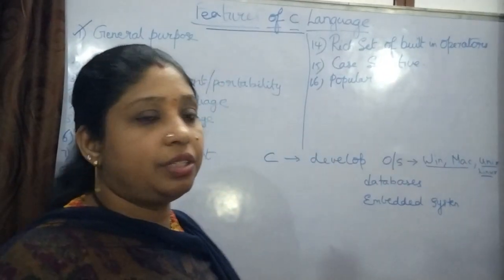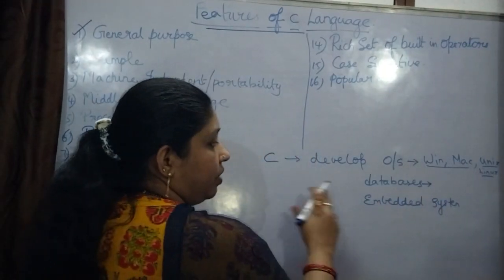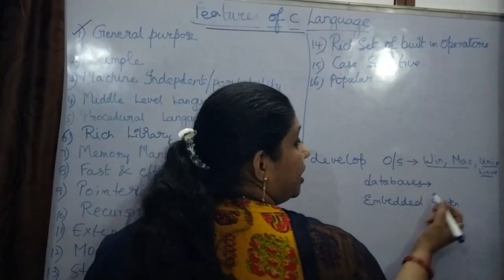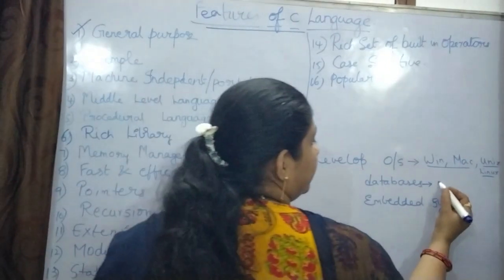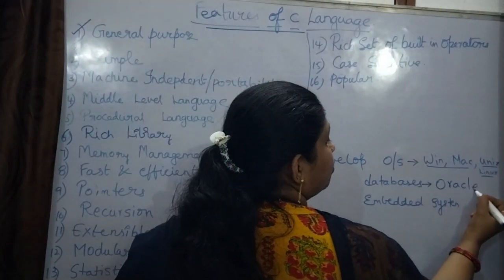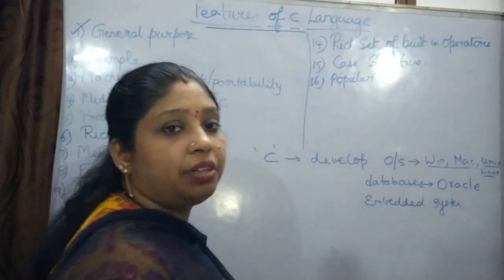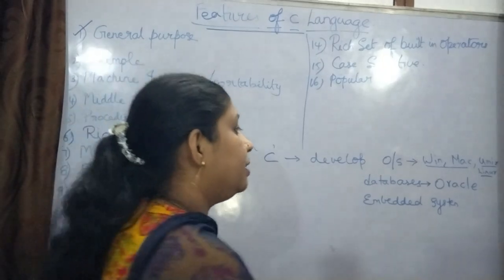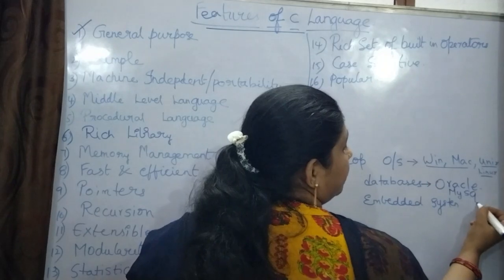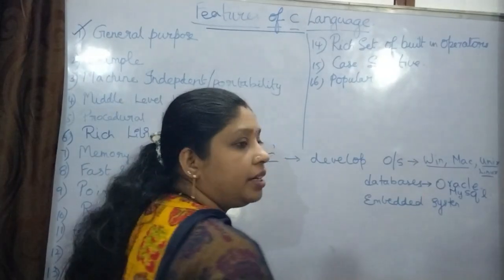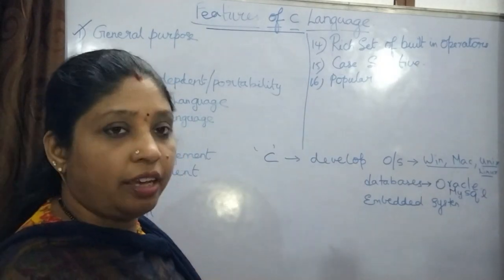Not only operating systems, by using C language they have created even databases, database software like Oracle, which is used for creating databases, and MySQL. So these two are the database software created by C language.